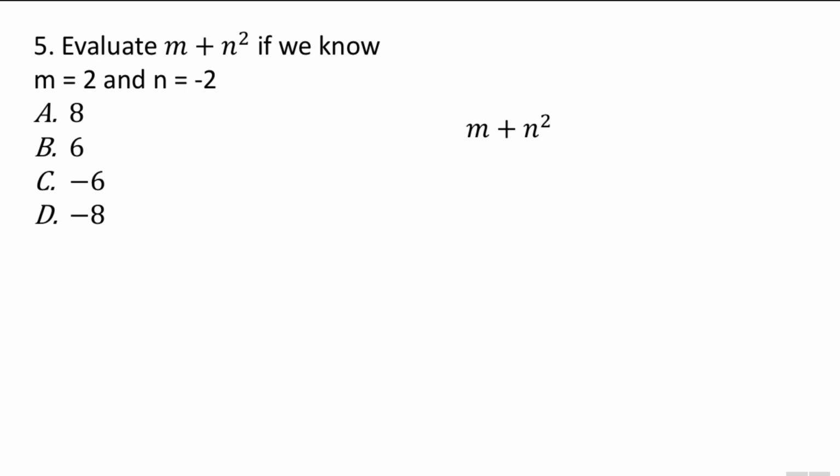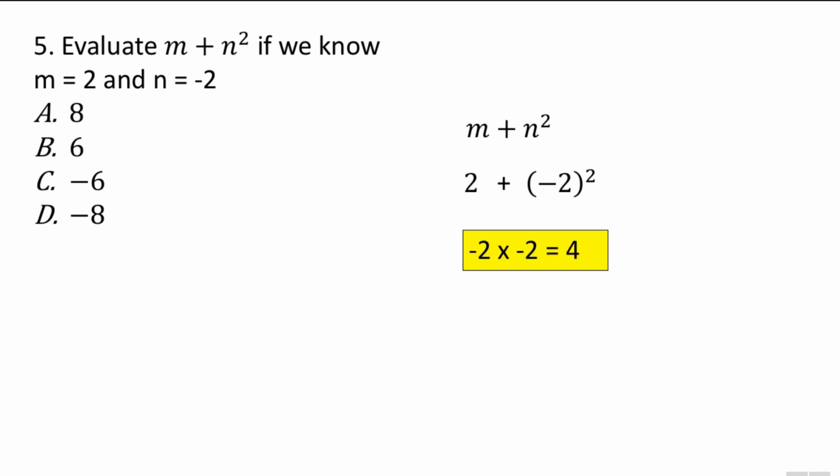Okay, so I rewrite my expression m plus n squared, and I'm replacing my m with 2, because that's what they give us in the question. And then I put back my plus sign, and I'm replacing my n with a negative 2, and I'll put it in brackets, guys, because it's n squared, which means I must write it as negative 2 in a bracket and put the square outside to indicate very carefully that I need to multiply a negative 2 times a negative 2.